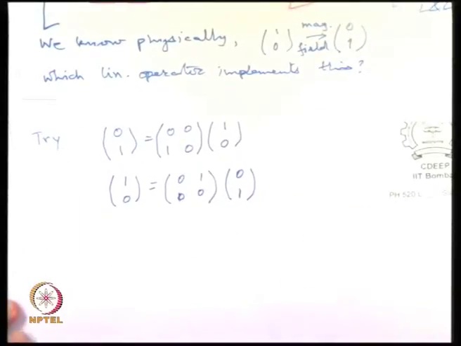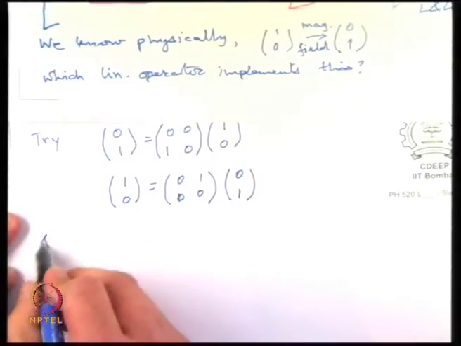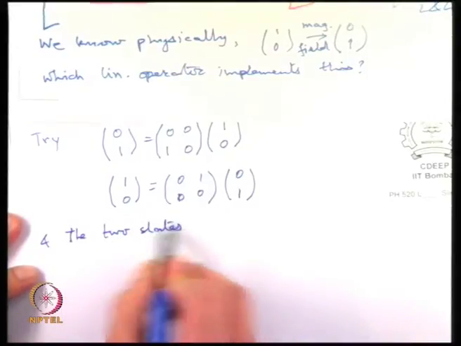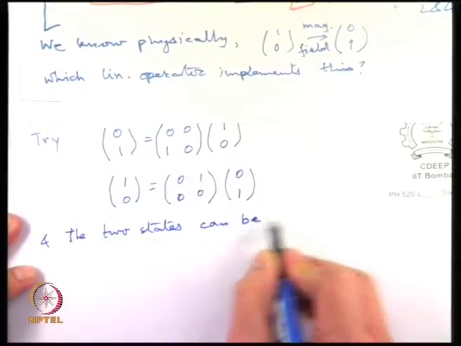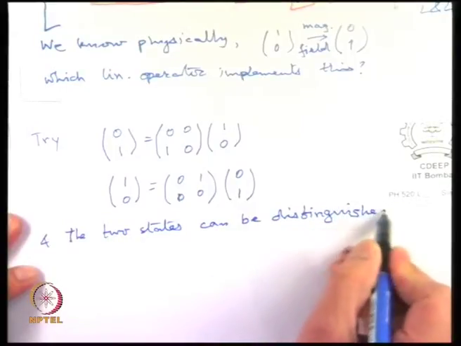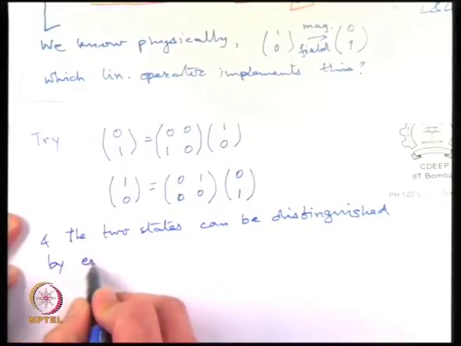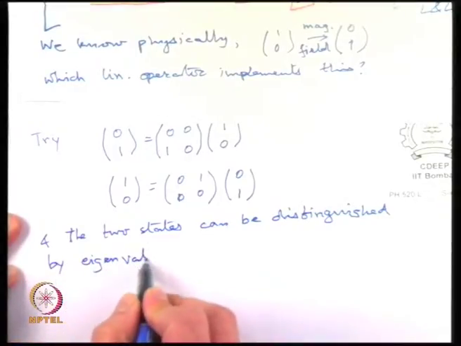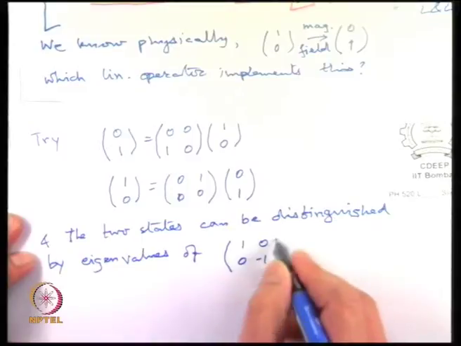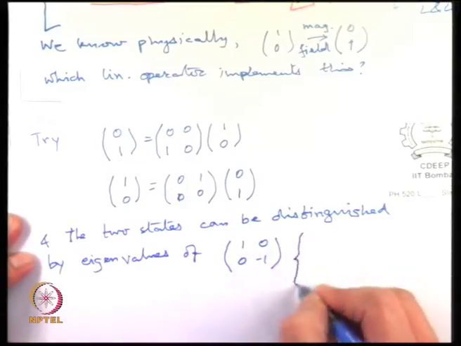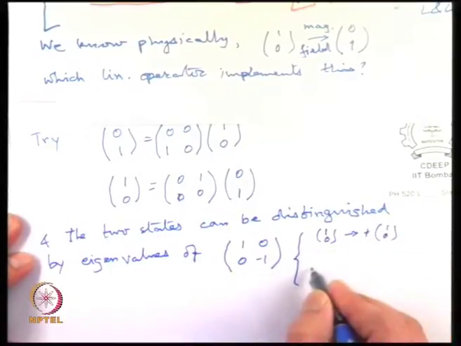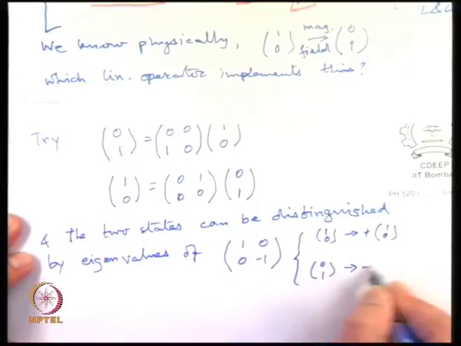And the two states are eigenstates of, and can be distinguished by, this matrix 1, 0, 0, minus 1, which on 1, 0 will produce plus 1, 0 and on 0, 1 will produce minus 0, 1. Okay.